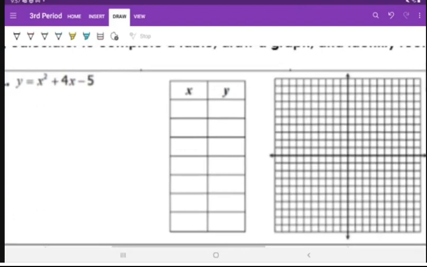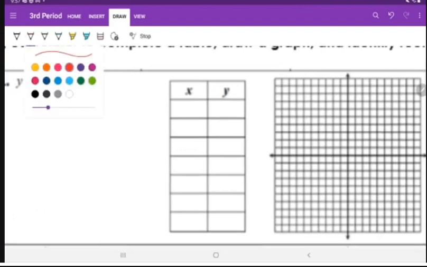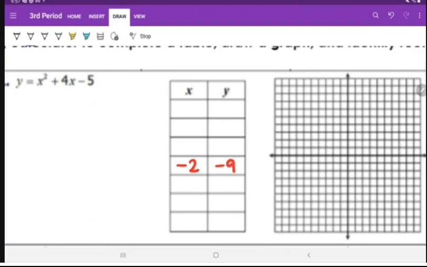So that's the point -2, -9. I'm going to put that right in the middle of my table. So that way, my table values have a little bit from each side. So then my x values will be between -5 and +1.